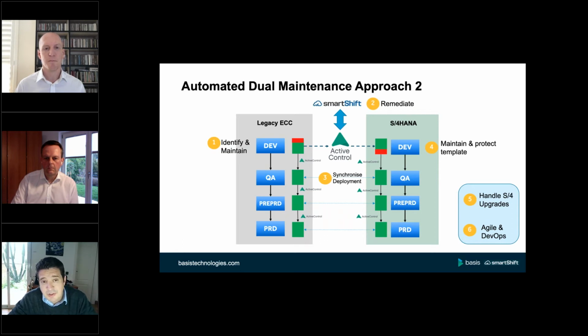Now, this could be especially true if a customer is doing something like a central finance migration, where accounting postings are being replicated from ECC into this S4 central finance system.